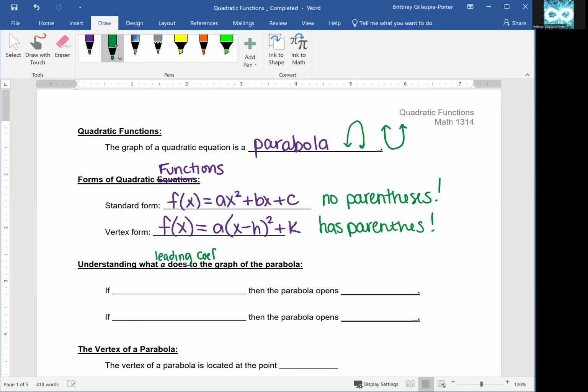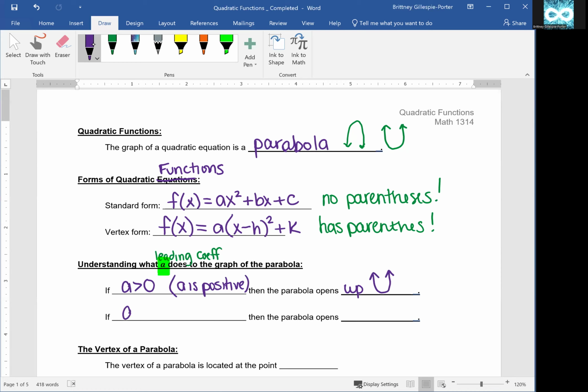Okay? So A, remember A is that leading coefficient. But what A does to the graph, if A is greater than 0, which is a fancy way of saying A is positive, then the parabola opens up. Okay?